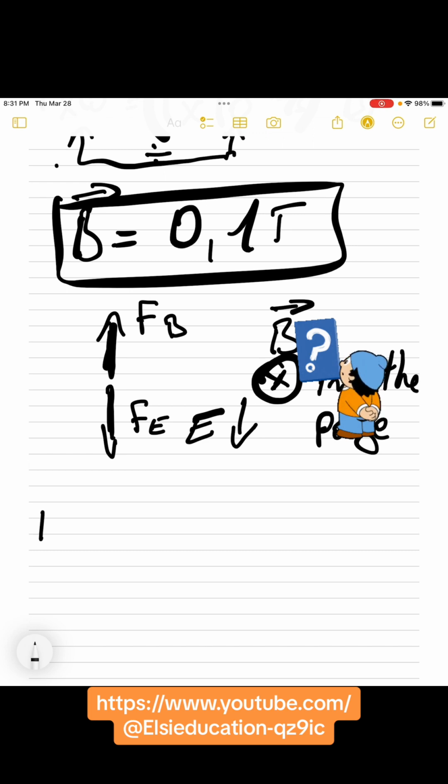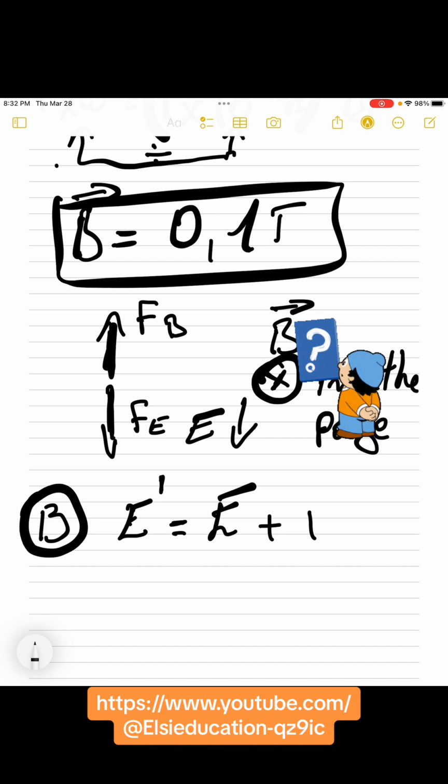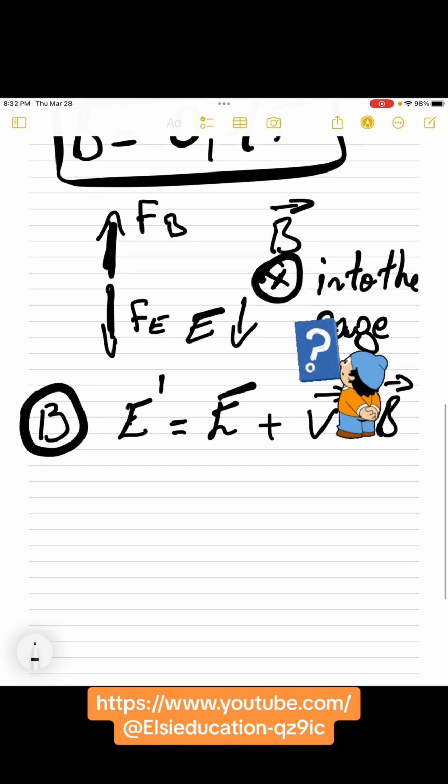For the reference frame, we already have the formula for that. The electric field in the reference frame is equal to the electric field plus the speed multiplied by the magnetic field.